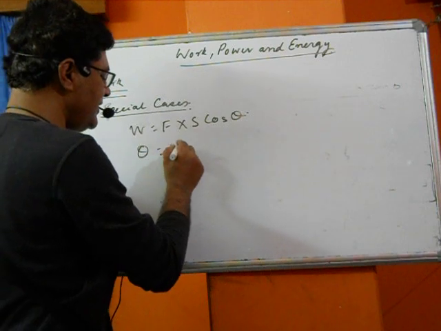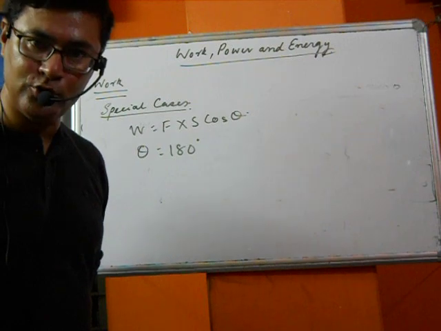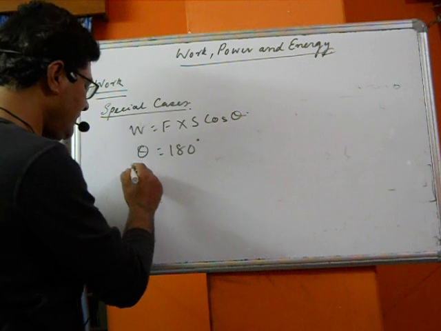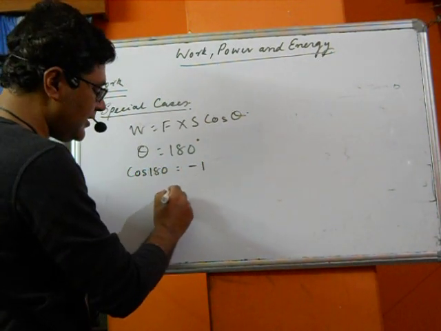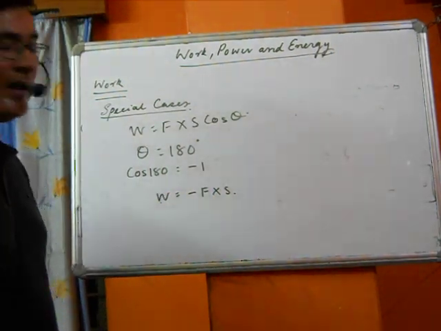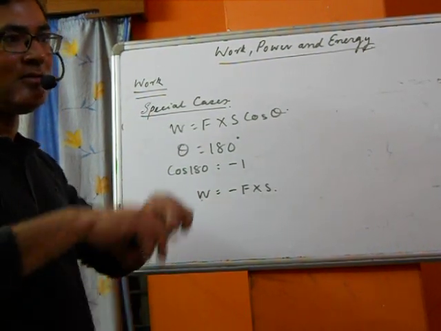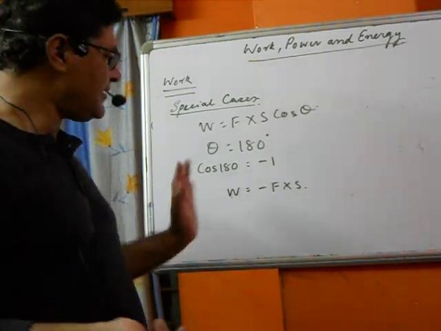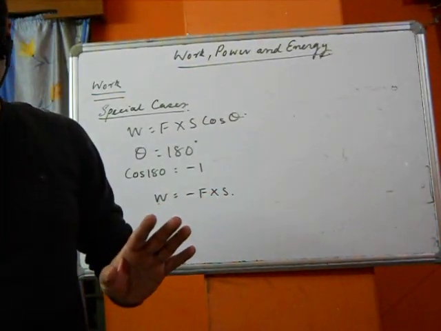If theta equals 180 degrees, that means the angle between the direction of force and displacement is 180 degrees. Then cos 180 degrees equals minus 1. So work done equals how much? Minus F into S. That means if the direction of force and displacement is opposite, then the work done is said to be negative. That is not the minimum work. The minimum work is considered to be 0 only. Okay?